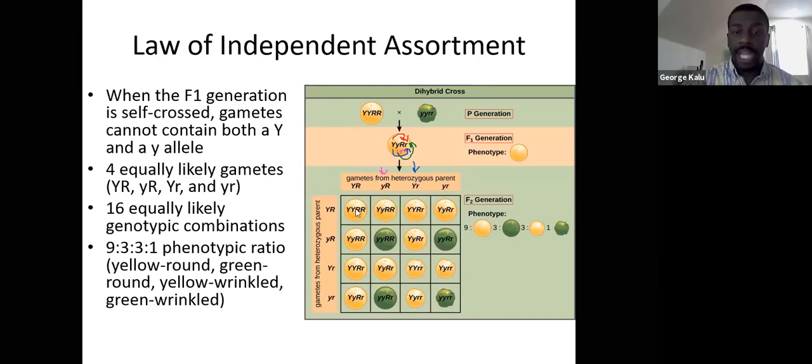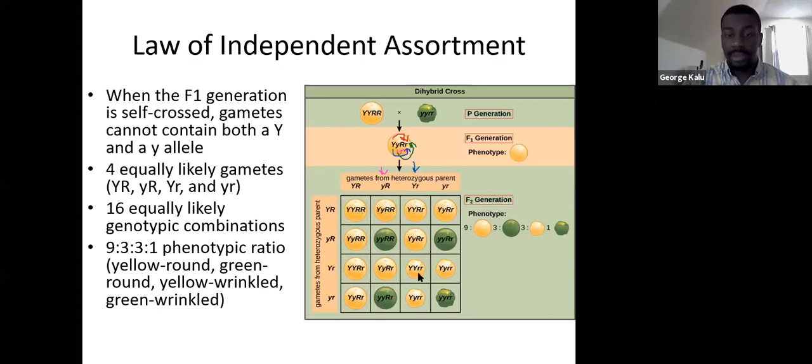And so what we end up seeing when we cross 2 double heterozygotes is a 9:3:3:1 phenotypic ratio, where we find 9 that are dominant for both traits, both yellow and round. So 9 individuals that are yellow and round. 3 have a combination of the dominant allele and the recessive genotype for different characteristics: 3 green and round, and then 3 yellow and wrinkled, which we see over here.